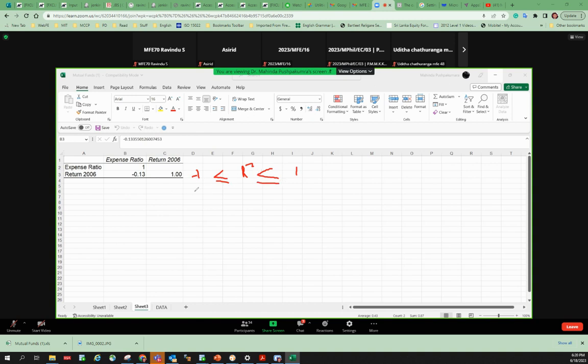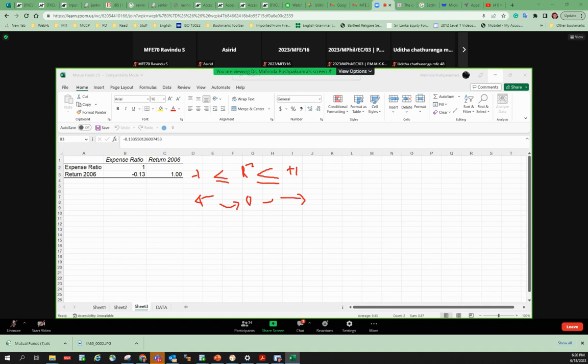If it is near to minus 1, then a strong negative relationship. If it is near to plus 1, a strong positive relationship. In between, if it is near to 0, a weak relationship. Now here you can say weak relationship.